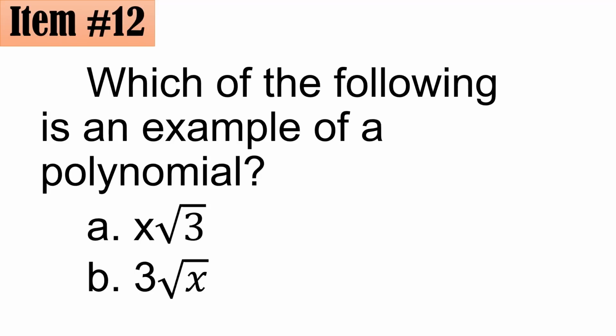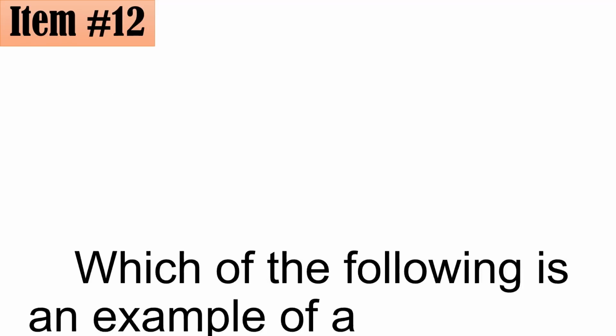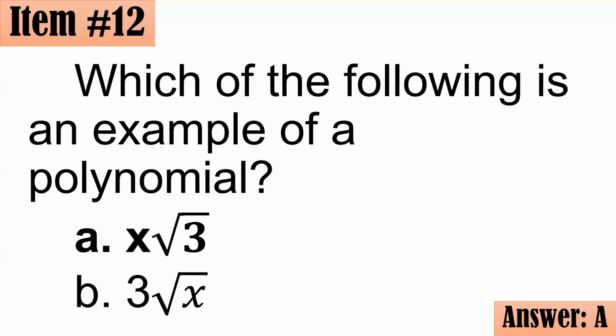If you answered letter B po for number 12, I'm sorry, but the correct answer is letter A. Take note po ha, if there is a radical sign, take note that for it to be a polynomial, the variable should not be under a square root or a radical sign. So, okay lang po na meron kang constant na nasa loob ng isang radical symbol, or yung radicand is a constant, pero ang variable po, hindi po pwede. So, again po ha, letter A po. Careful po tayo.